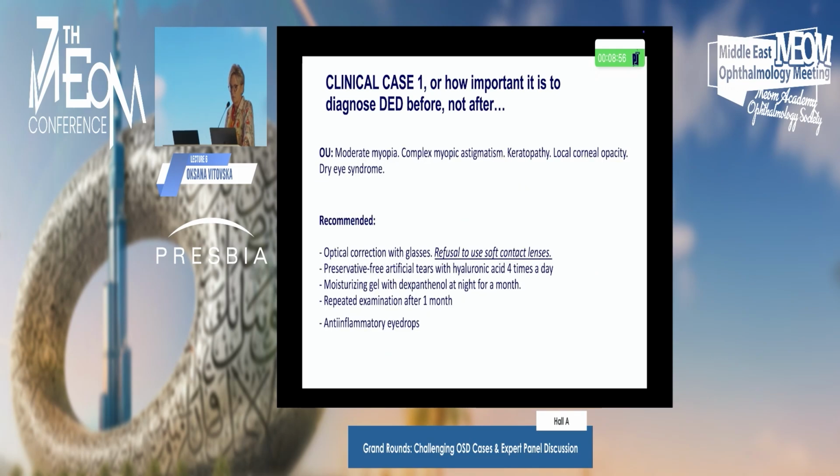Our colleagues diagnosed this patient with moderate myopia, compound myopic astigmatism, keratopathy, local corneal opacity, and dry eye syndrome.